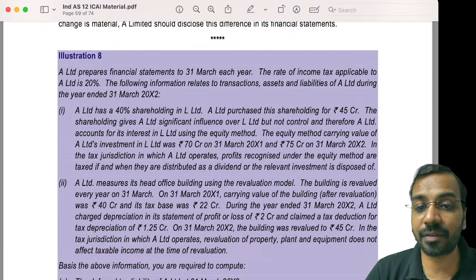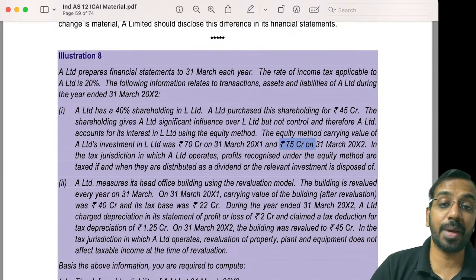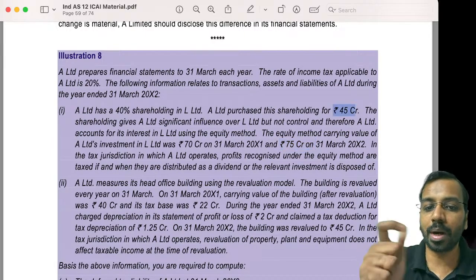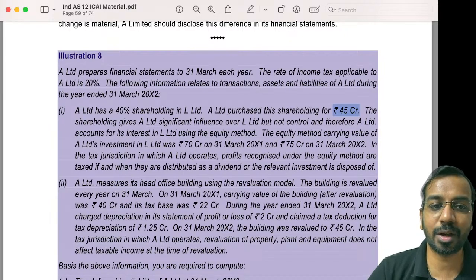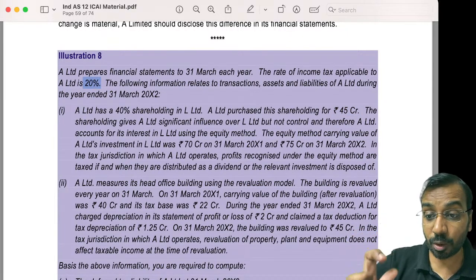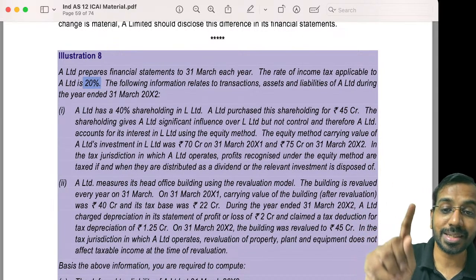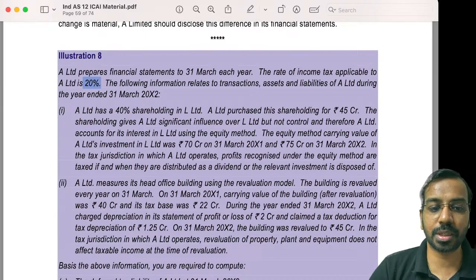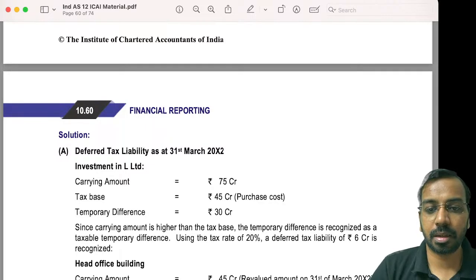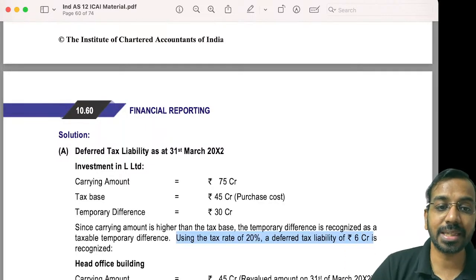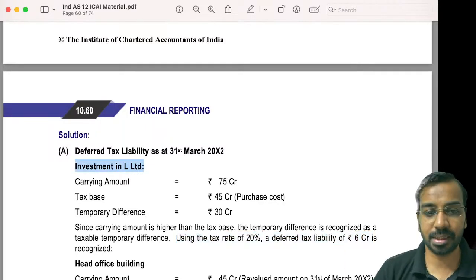Carrying amount is 75 crores. What is the tax base? Tax base is 45 crores. What is the difference? 30 crores. Tax rate is how much? 20%. So 30 crores multiplied by 20%, we get 6 crores. So 6 crores is my deferred tax liability as far as investment in L Limited is concerned.